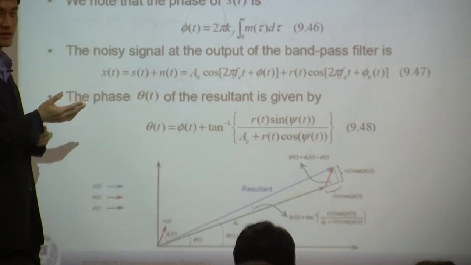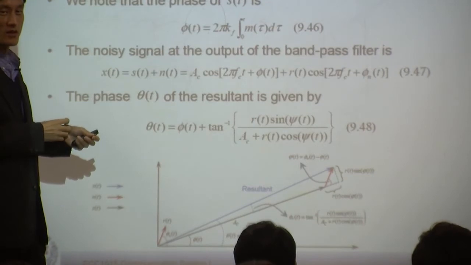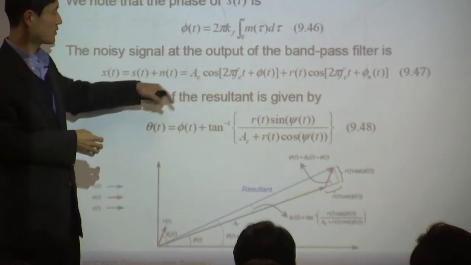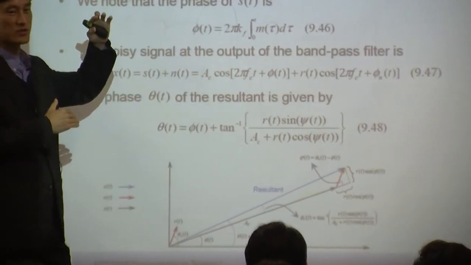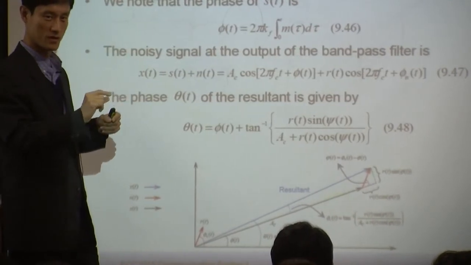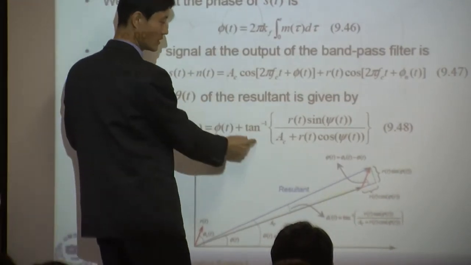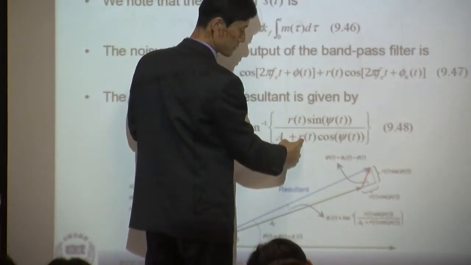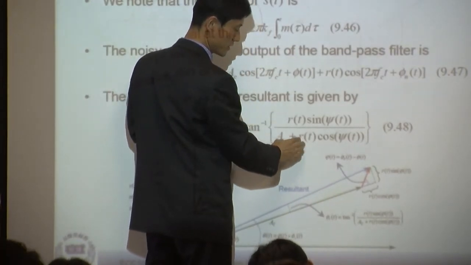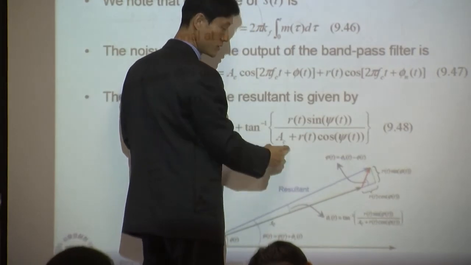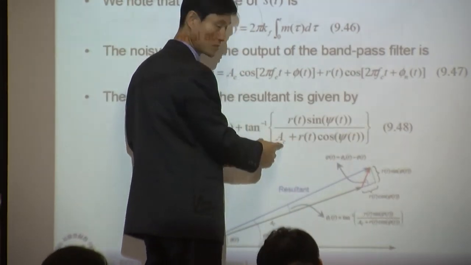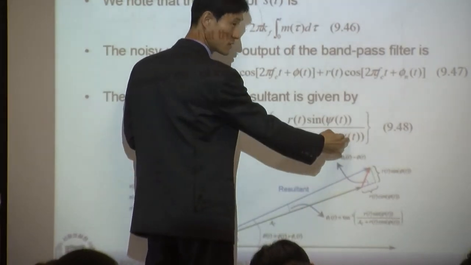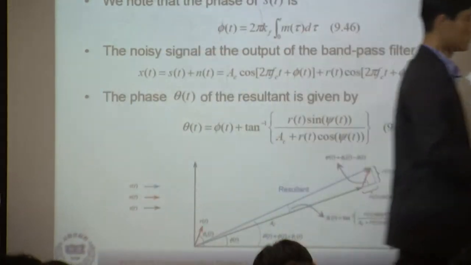You cannot detect the signal anyway. Generally in communication, your signal power or amplitude should be larger than noise. So A c is typically much larger than the noise part, so we can ignore this.